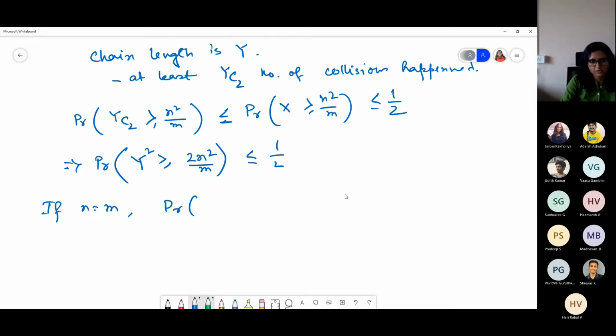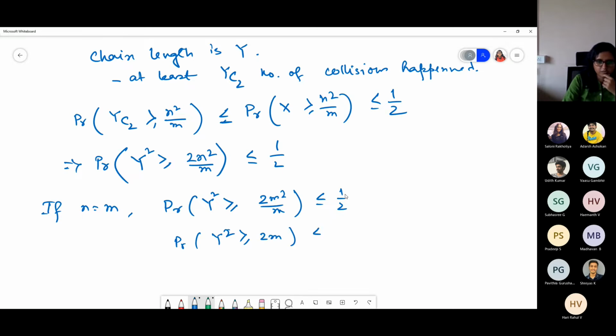So in that case probability of y square greater than or equal to 2n square by n is equal to half. That is probability of y square greater than or equal to 2m is less than or equal to half, or probability of y greater than or equal to root 2m is less than or equal to half.